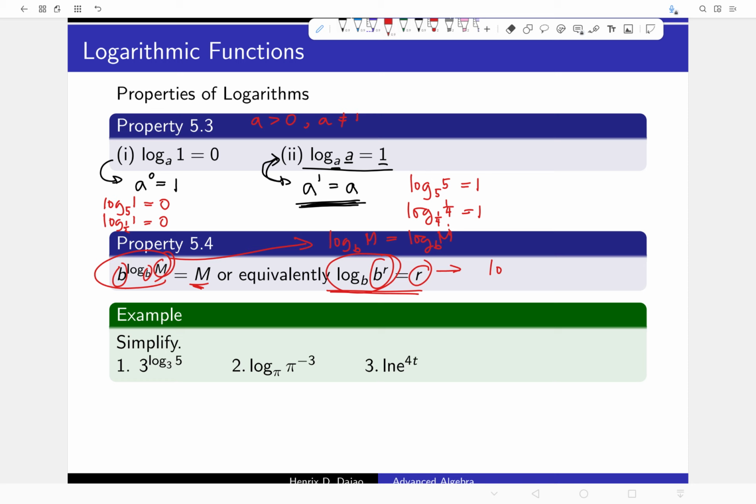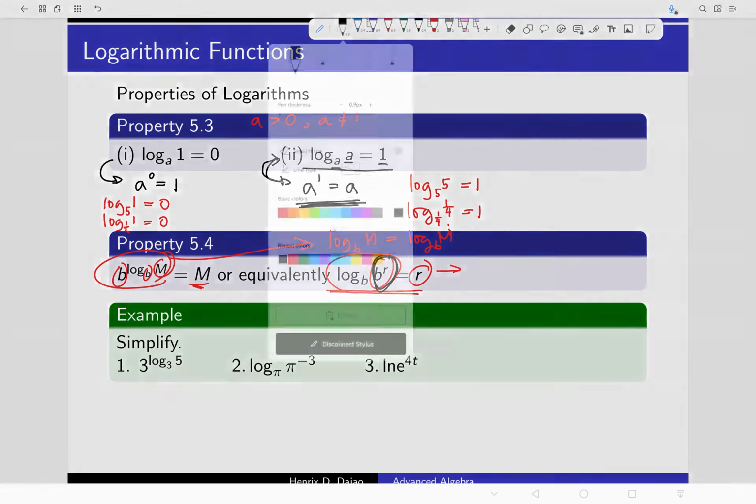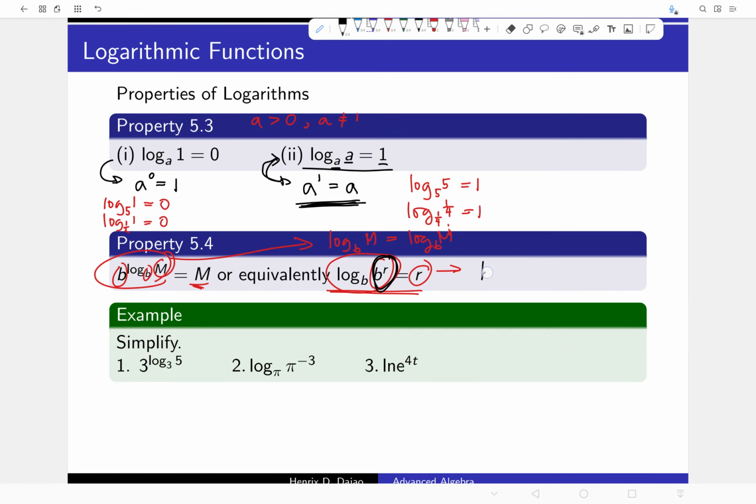We will convert this one to exponential. So remember, this one right here is our answer. That's b raised to r. That's equal to the base b with this one, which is actually the exponent. So that's b raised to r. So indeed, they are just the same.